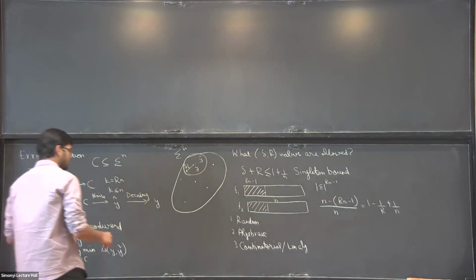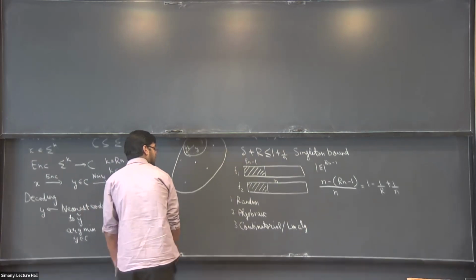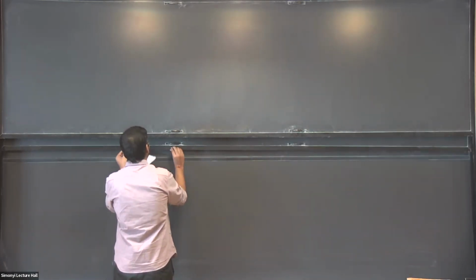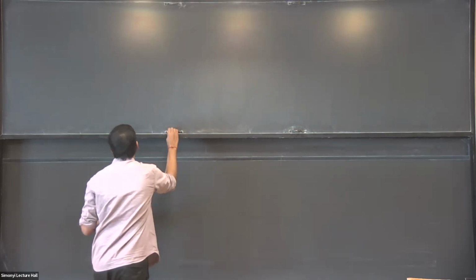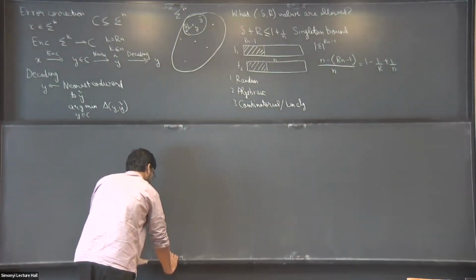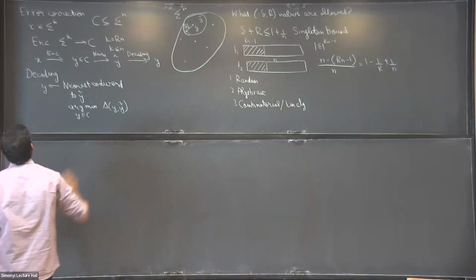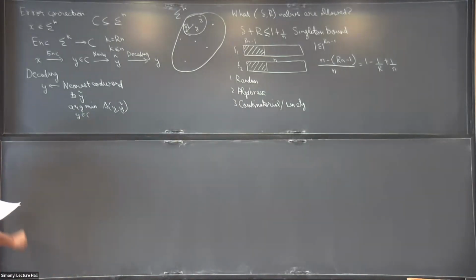With random constructions, suppose sigma was actually a finite field of size q.